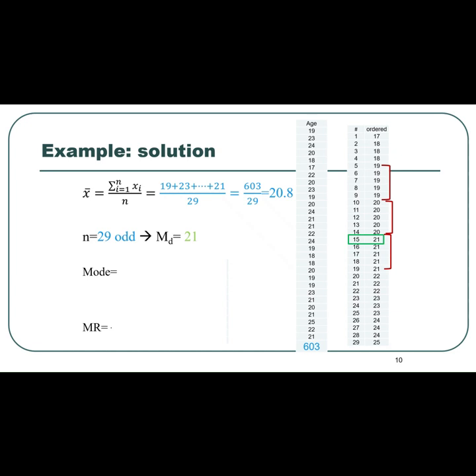So we do have 3 values with the highest frequency, which are 19, 20, and 21. These are our modes, so it's a multimodal scenario.